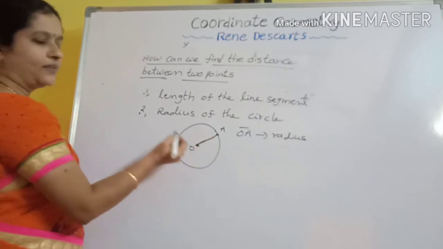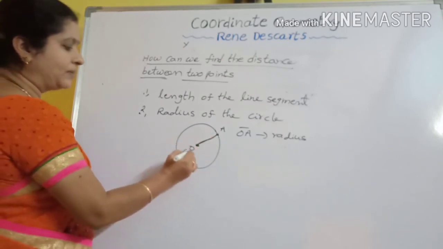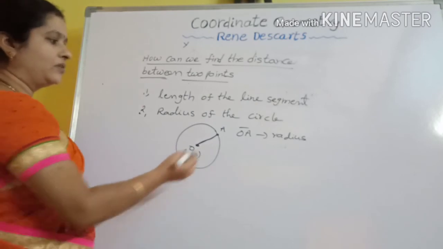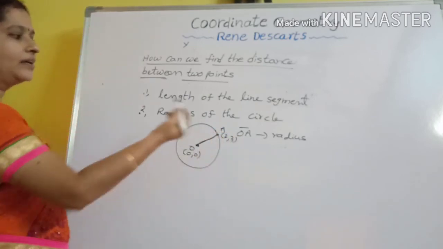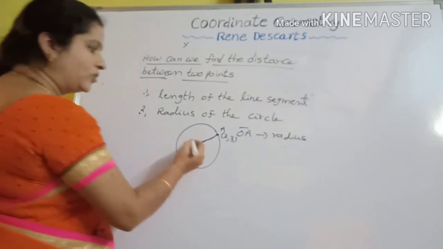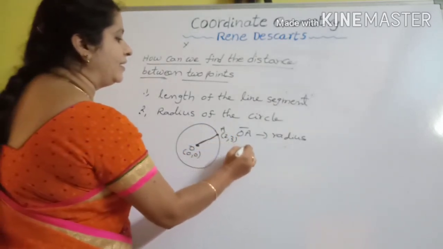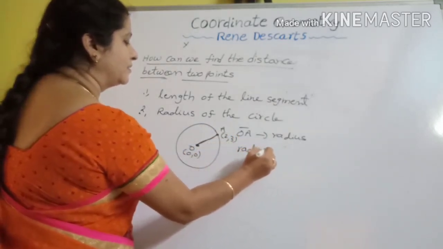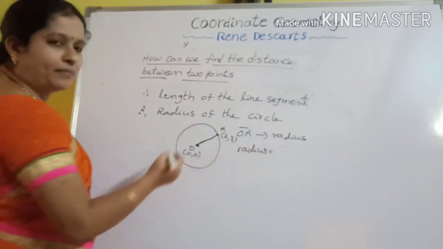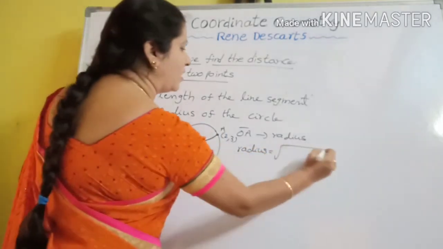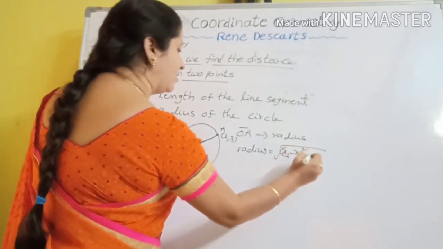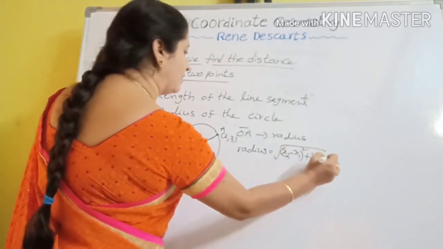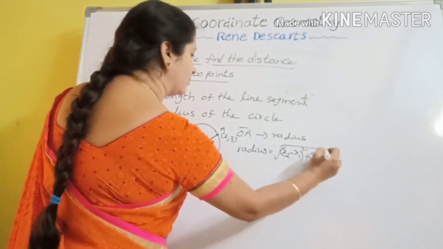To find the radius value, take the center O. It is 1 point. Suppose it is (0, 0). Suppose A equals (2, 3). Find the radius of the circle. Radius equals, it is nothing but the distance formula: square root of (x2 minus x1) whole square plus (y2 minus y1) whole square.